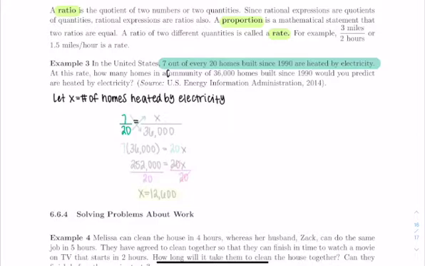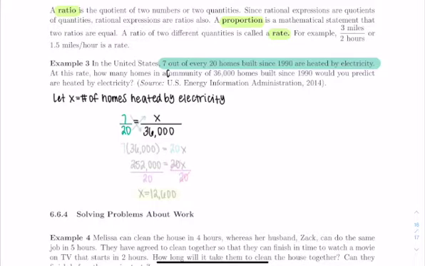So this is equal to, we know that the total amount of homes, which is on the bottom, is 36,000. But we don't know how many homes out of that 36,000 are heated by electricity.